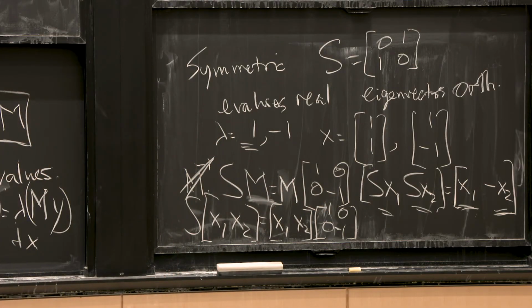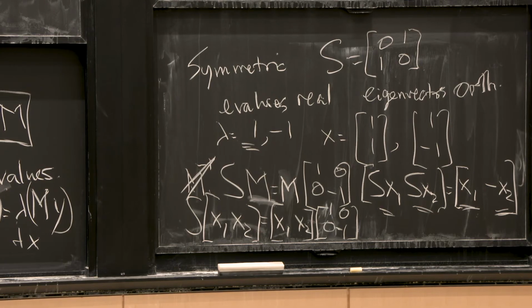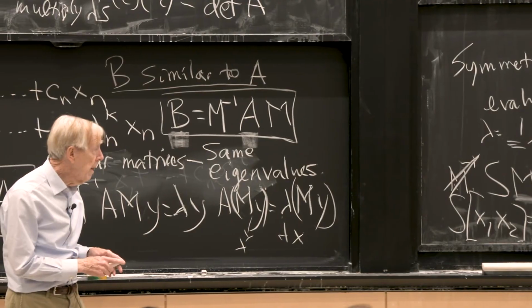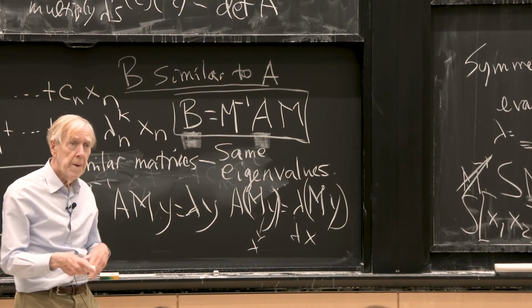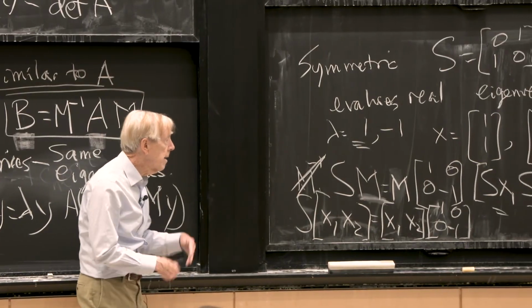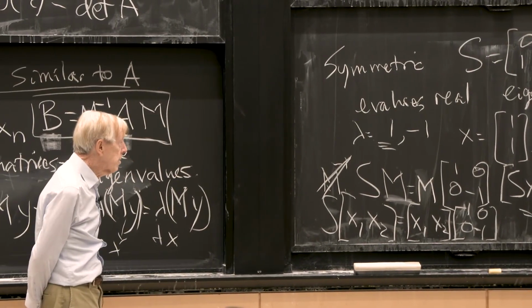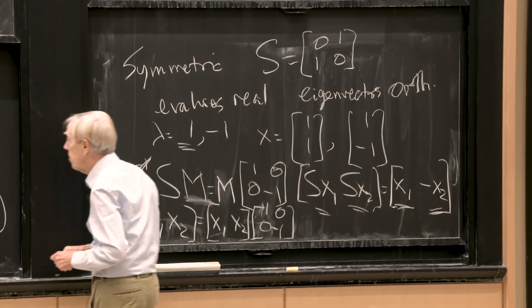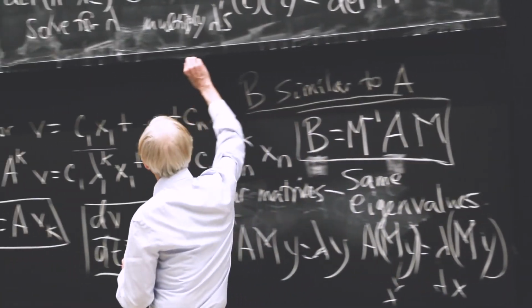A diagonal matrix, the eigenvalues are right in front of you. So they're similar. S is similar to lambda, and there should be an M. And then somebody suggested maybe the M is the eigenvectors, and that's the right answer.